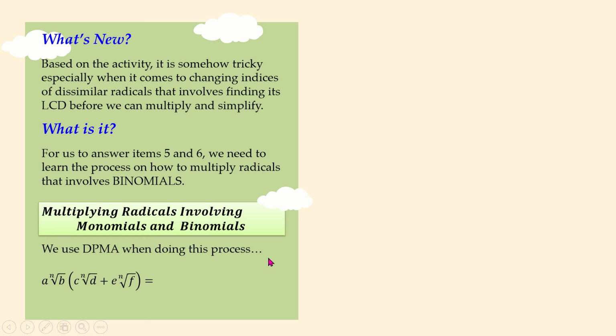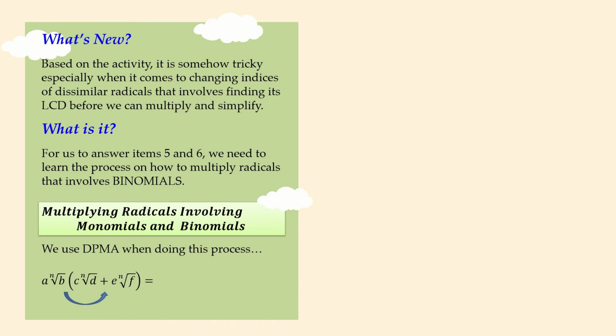Since our discussion is on radicals, the representation is also in radical form: a nth root of b times the binomial c nth root of d plus e nth root of f is equal to that one.